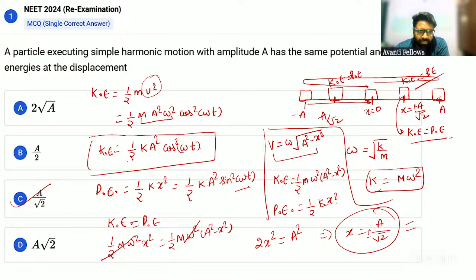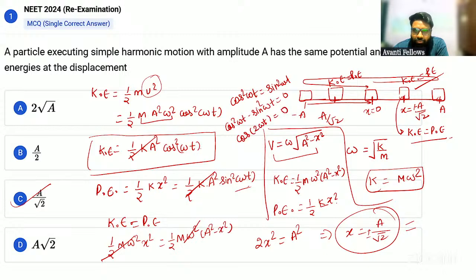Otherwise, what you have to do is cancel k square from both sides, then it will become cos square omega t equals sin square omega t. So you have to deal with it like cos square omega t equals sin square omega t. So you take cos square omega t minus sin square omega t equals 0. This will become what? Cos 2 theta, which means cos 2 omega t equals 0. Now cos is 0 at 90 degrees. So for this you have to calculate the time.